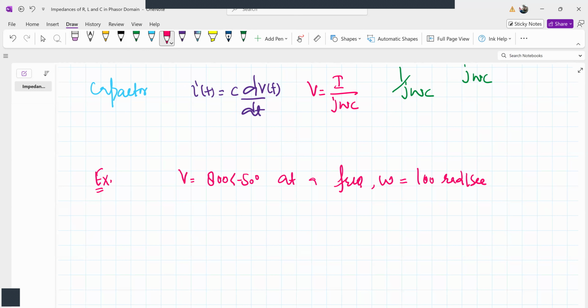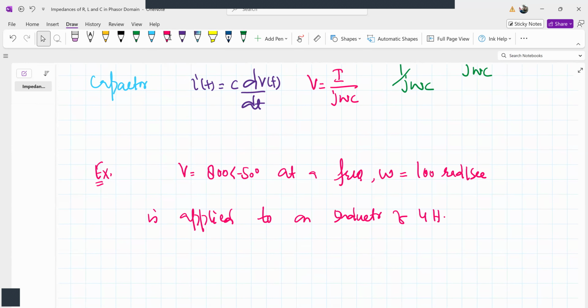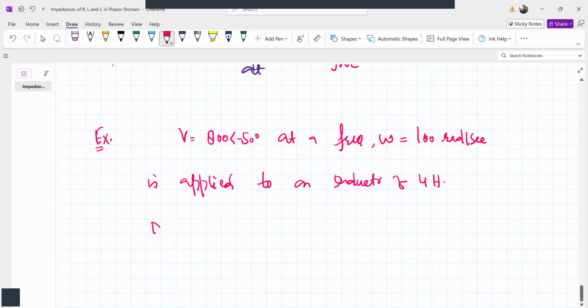This voltage is applied to an inductor of 4 Henry. Okay. Now what we have to do is determine the phasor current and time domain current.